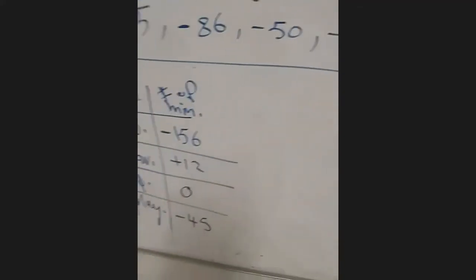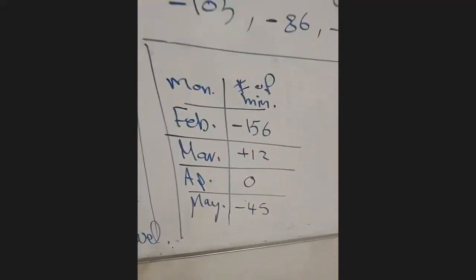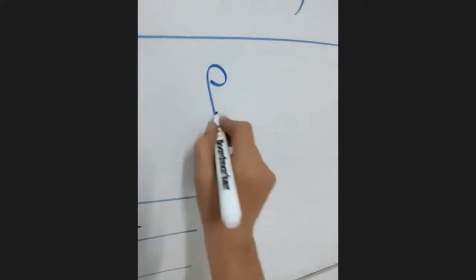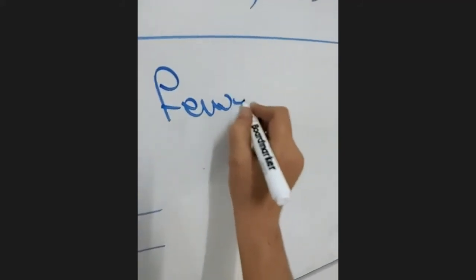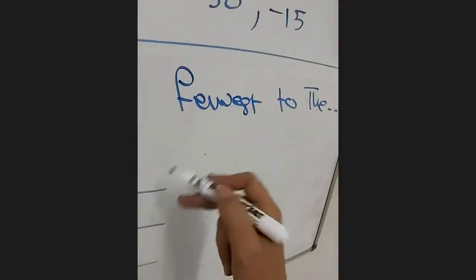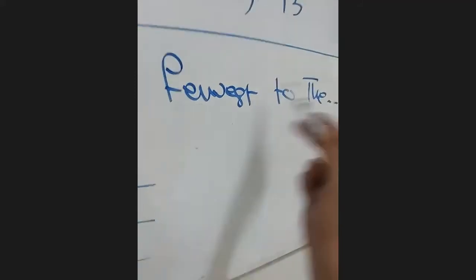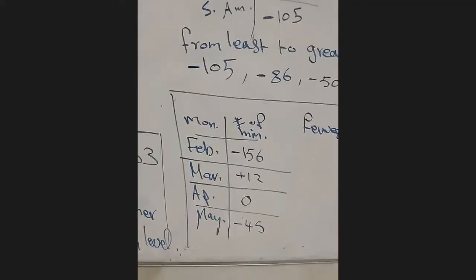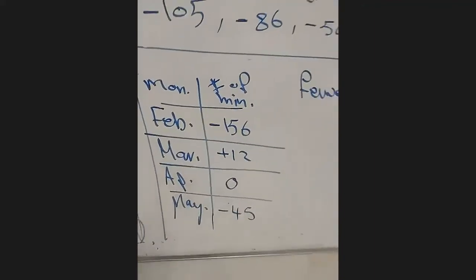Sorry, guys, I'm here again. This is the table, guys, and they want us to order them from fewest to the most minutes. Most means greatest, so I will order them from least to greatest. What's the least number here, Hisham?